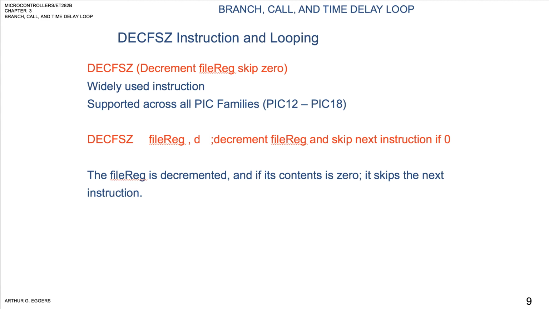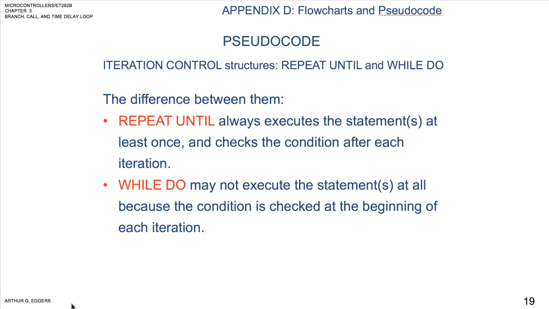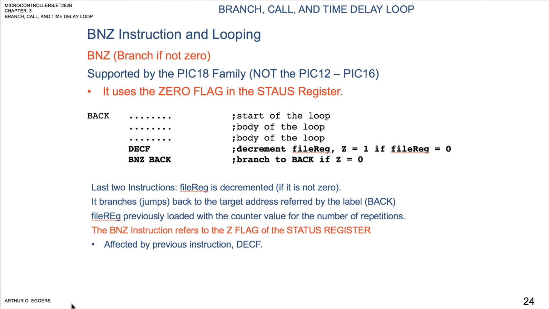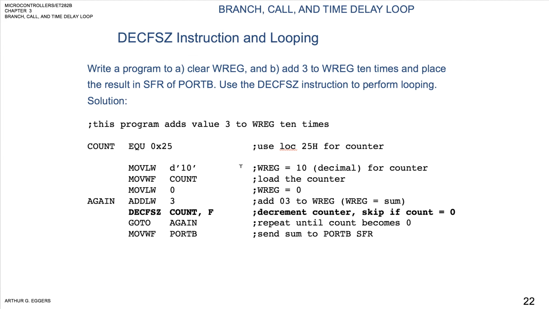Okay, and we can see that if we look at the way the instruction is laid out, again, we've got a GOTO. So GOTO again. We'll take a look at this and take it apart.